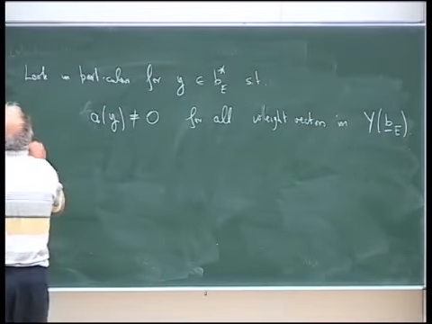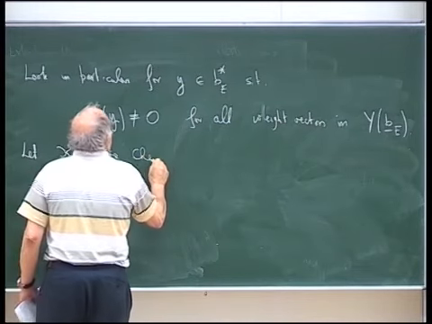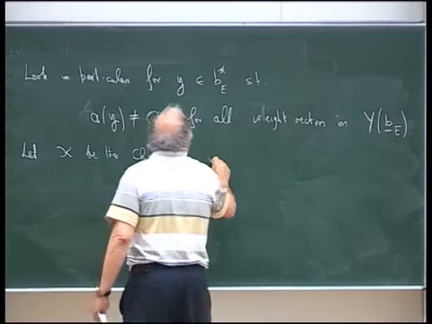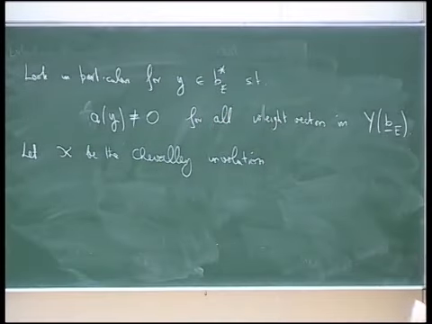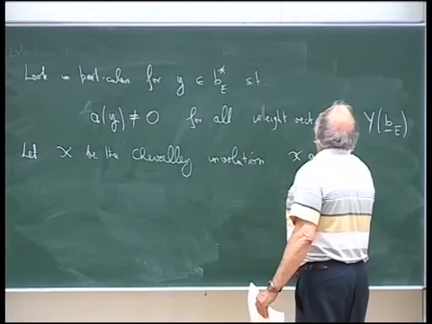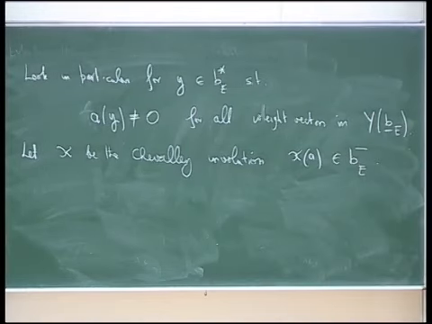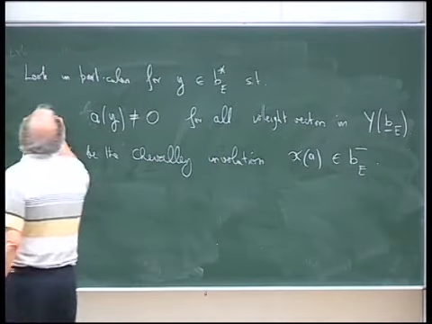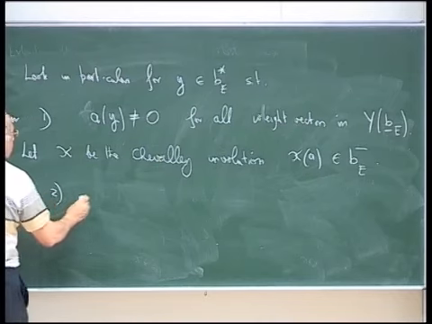And the modification we're going to make is that we're going to give ourselves an alternative. So let kappa be the Chevalley involution. And of course, kappa of A is sitting in the opposed algebra. And now we're going to weaken our demands. Instead of this, we have either this or this.